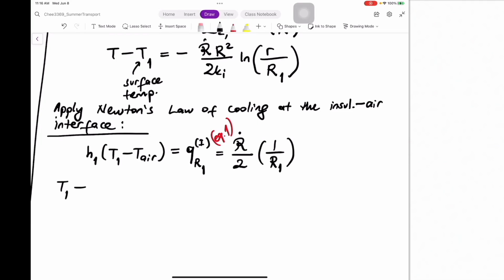T1 minus T air comes out to be capital fancy R over 2H1 capital R1, right?